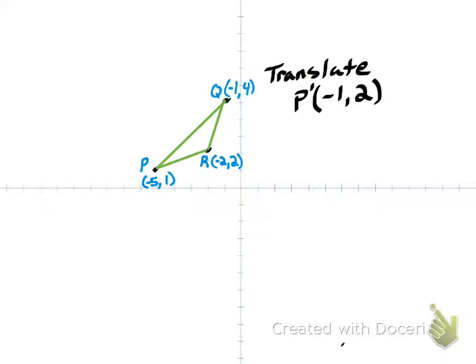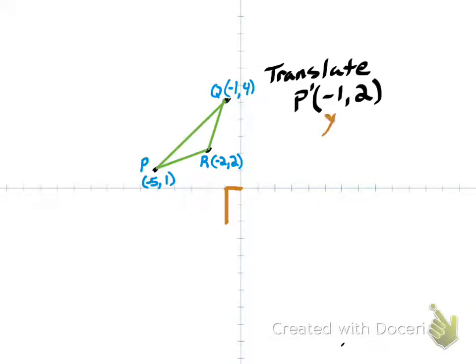Alright, so I'm translating P by (-1, 2). The first thing we have to do is label P prime. We're going to go over -1, and down 2.